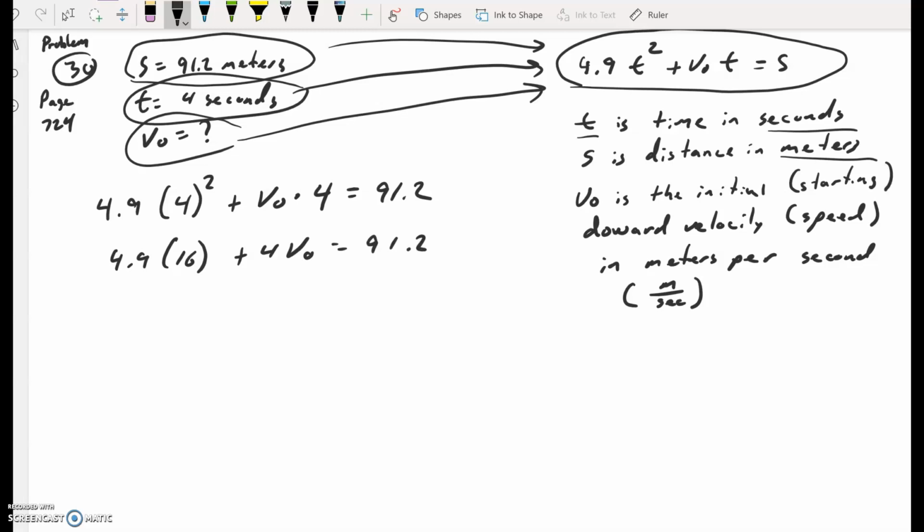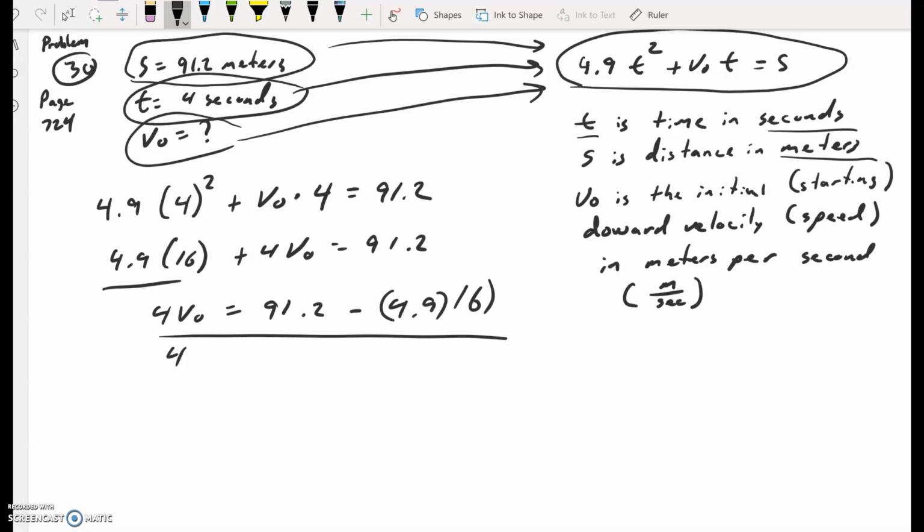That's 4.9 times 16 plus 4 times v naught equals 91.2. At any time I can grab a calculator and do these calculations, but I'm going to take this amount away from both sides, so I'll have 4 times v naught equals 91.2 minus 4.9 times 16, and then I'm going to divide both sides by 4.